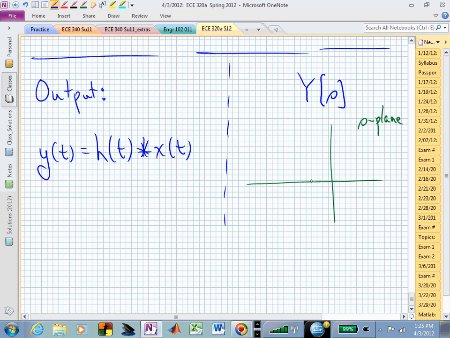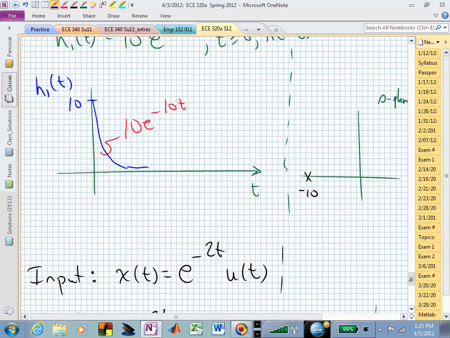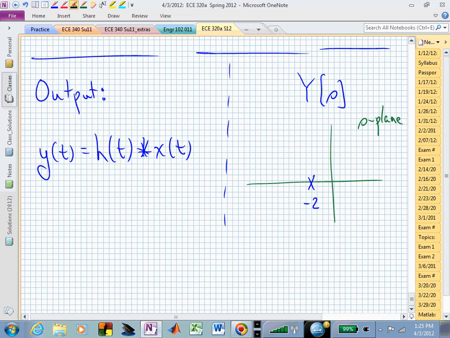So I had my input signal being represented by that blue color. My system pole was over here at -10. And what is y of s? That's the product of my system transfer function, h of s, with the signal's Laplace transform, capital X of s.